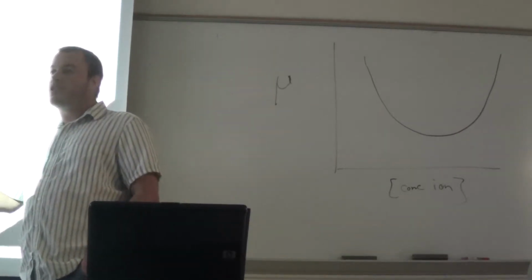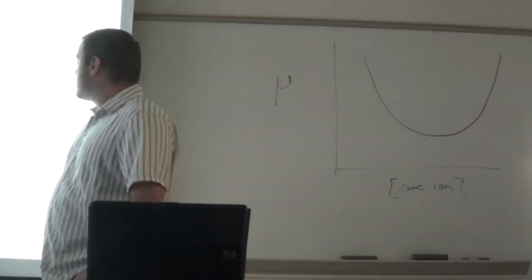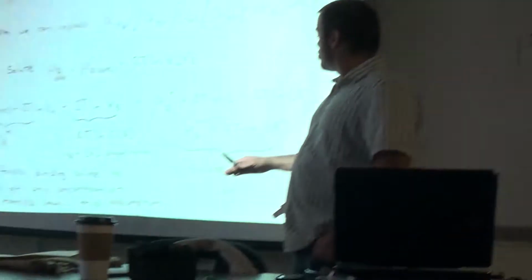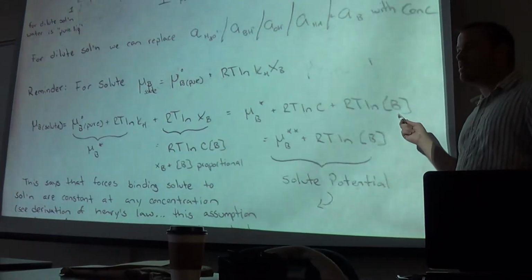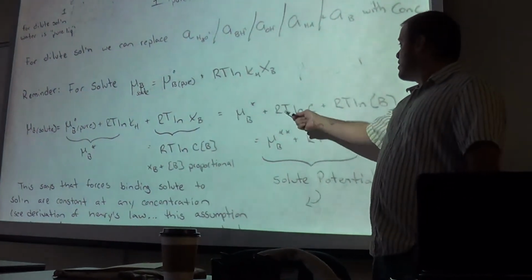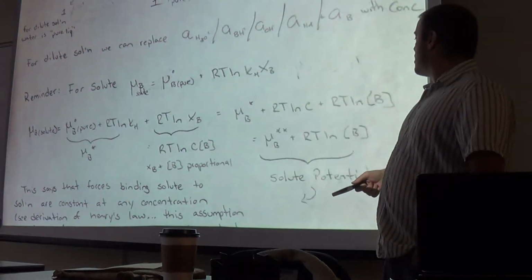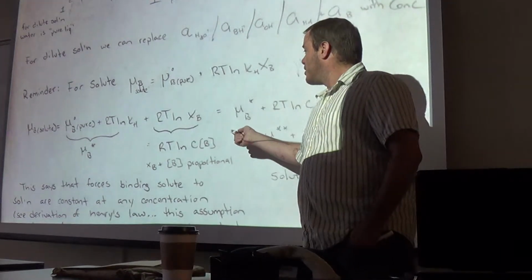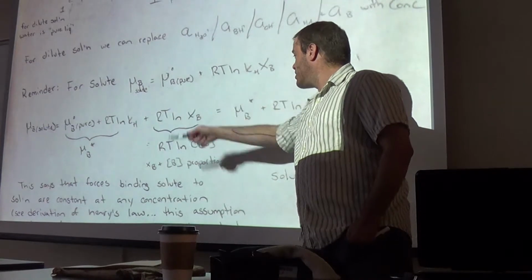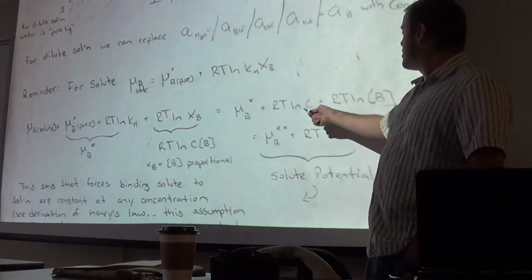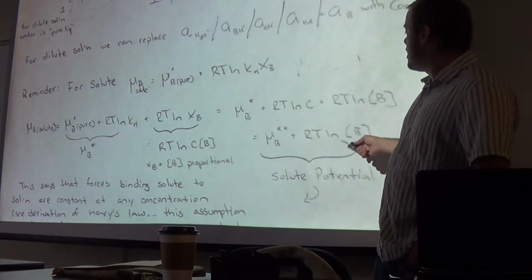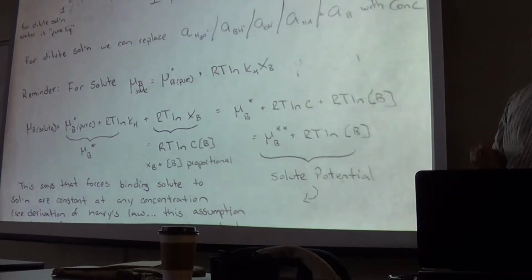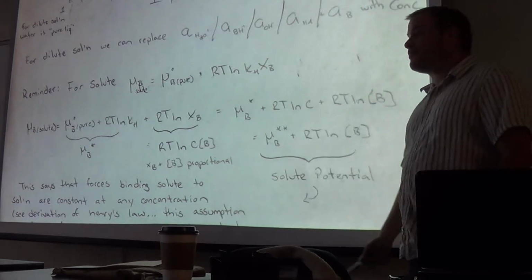It does work for very dilute solutions, and it turns out that the mole fraction for dilute solutions is proportional to the concentration of the species. And so we can take this term, RT natural log of KH times XB, and kind of move the KH over there, take XB, and then break the XB part into a constant times concentration, and end up giving ourselves a chemical potential expressed as the concentration of the ion.